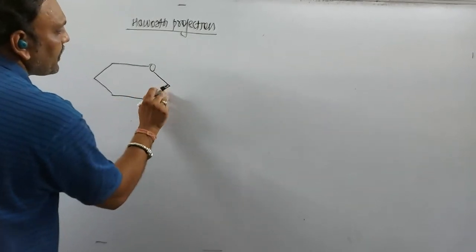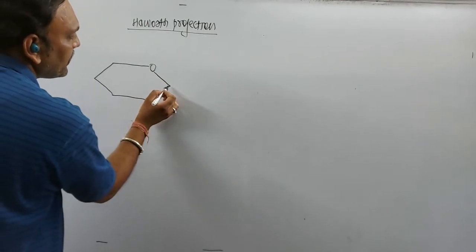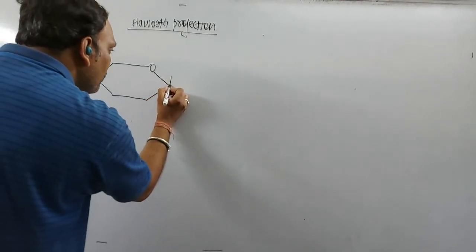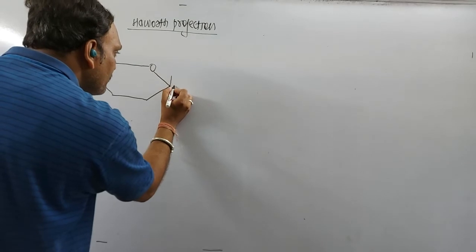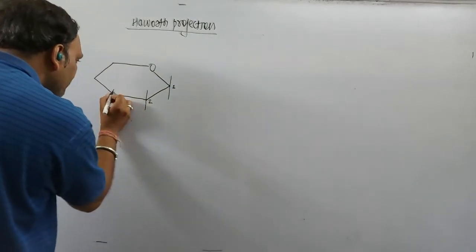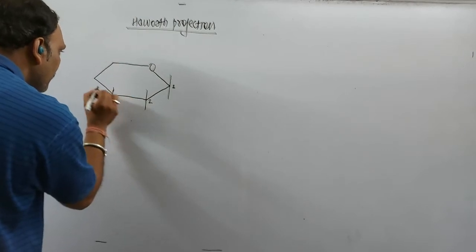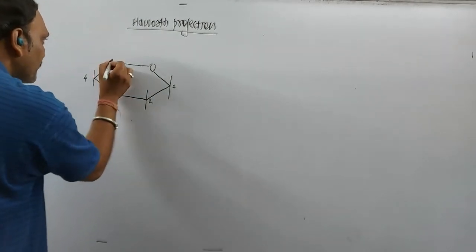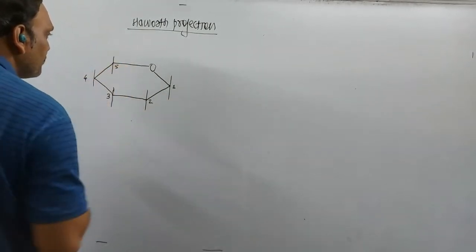Now the carbon which is just connected to the oxygen is the anomeric carbon, and the anomeric carbon in the case of glucose happens to be the first carbon. This is second, this is third, this is fourth one, and this is the fifth carbon.